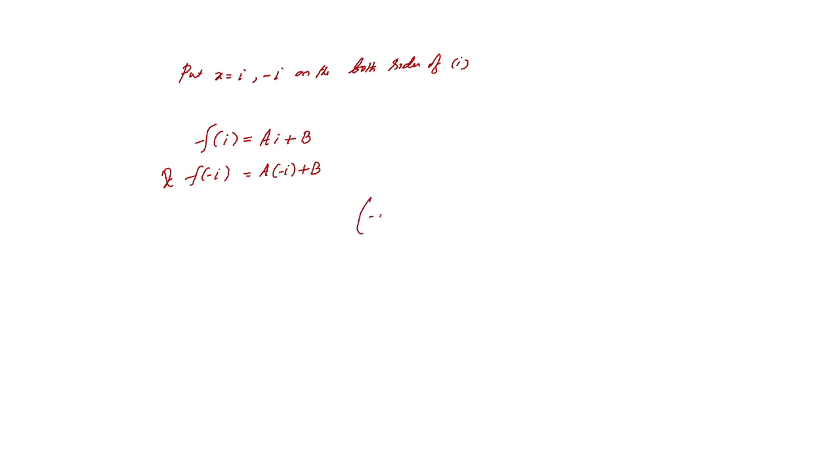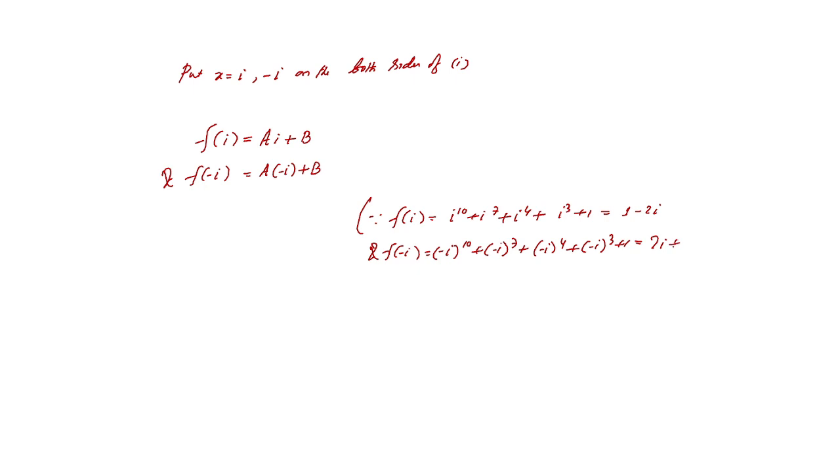Now if we calculate f(i), that will be i to the power 10 plus i to the power 7, i to the power 4, i cube plus 1. And by simple calculation, you will see this is 1 minus 2i. f(minus i) is (minus i) to the power 10 minus (minus i) to the power 7 minus (minus i) to the power 4 minus (minus i) whole cube plus 1, and that will be 2i plus 1.